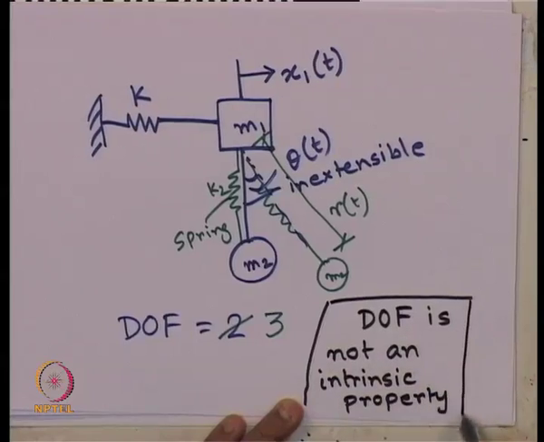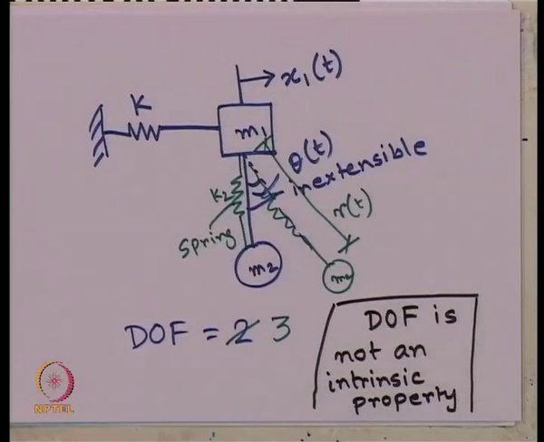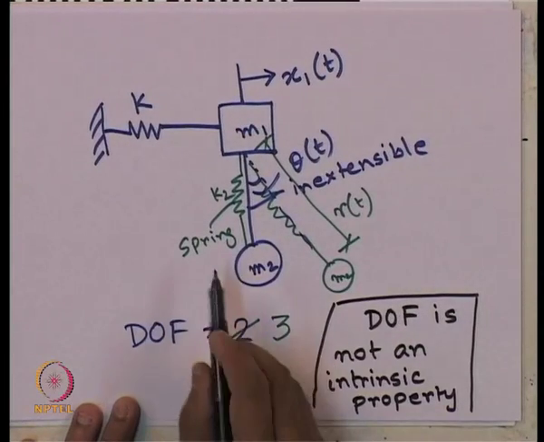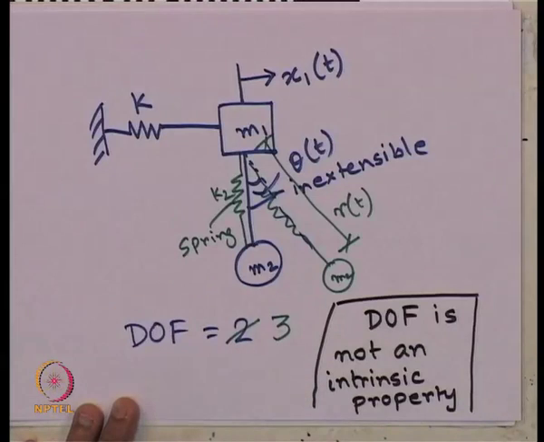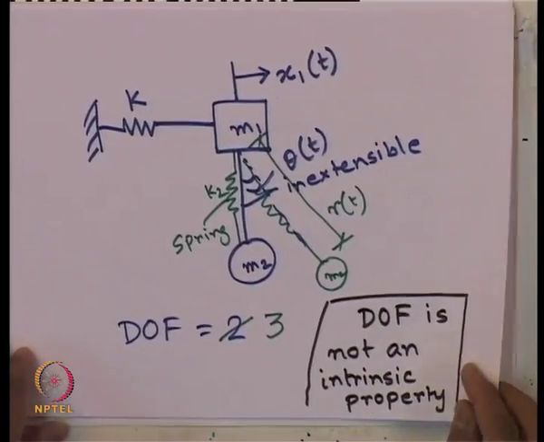Because we have seen that for the same system, depending on the conditions of different connections or boundaries, the degrees of freedom of the problem keeps changing. So, degrees of freedom is not at all an intrinsic property of the system, but it depends on the boundary conditions and other loading conditions, etc.